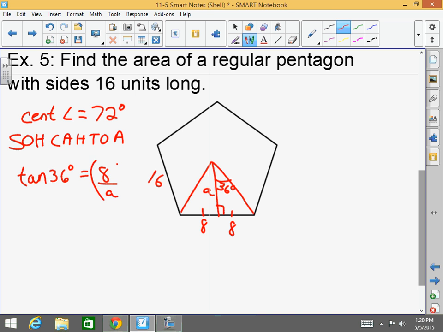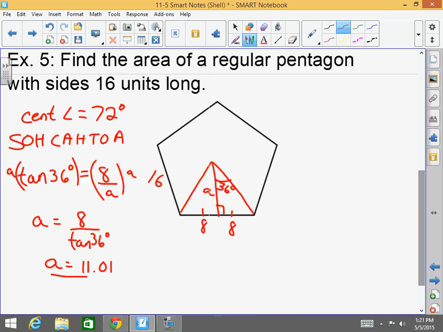Multiply both sides by a, and then divide by tangent of 36. So my apothem will equal 8 over the tangent of 36 degrees. Please remember to make sure your calculators are in degrees here. 8 divided by tangent of 36. My apothem will equal 11.01.